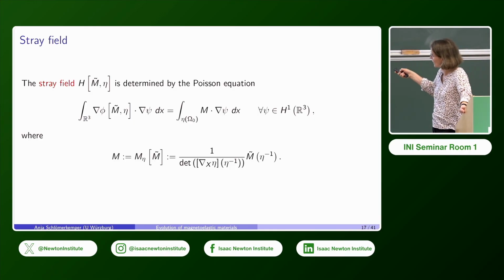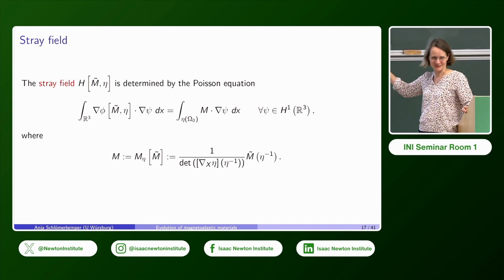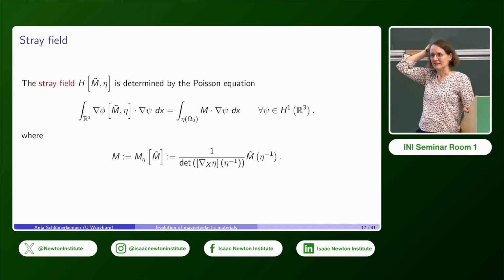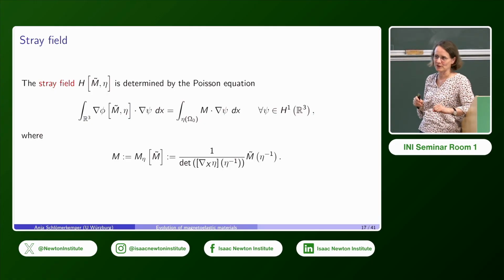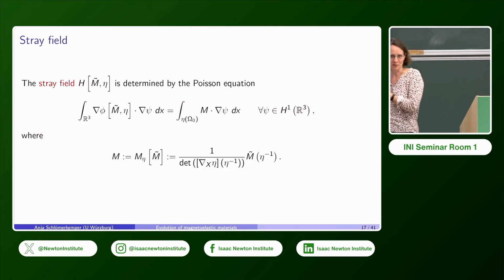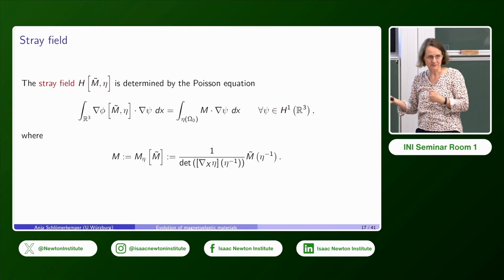I would like to point out that we have a relation between the magnetization in the reference configuration and the magnetization in the deformed configuration. And there's some transport behind this. This is the physics behind this one. And this is a transport we've been copying, let's say, from other papers.